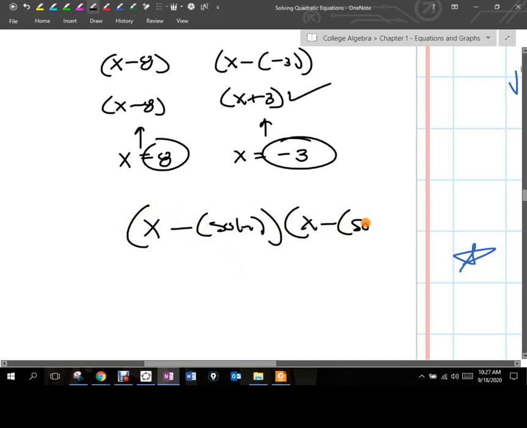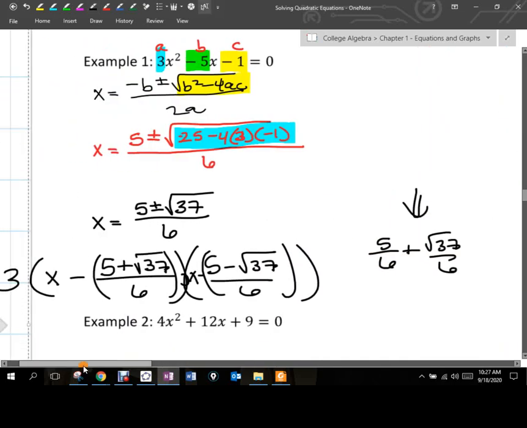No, because this is the solution. That's the x-intercept, right? And that's where I cross the x-axis. Then the factor is always x minus whatever that was. And it'll be a function.